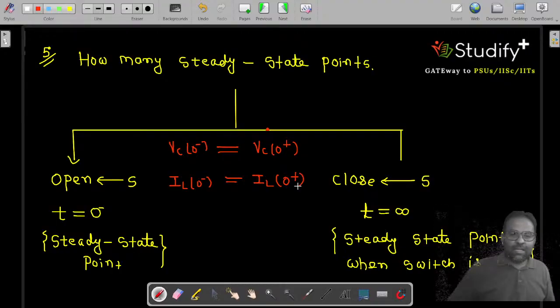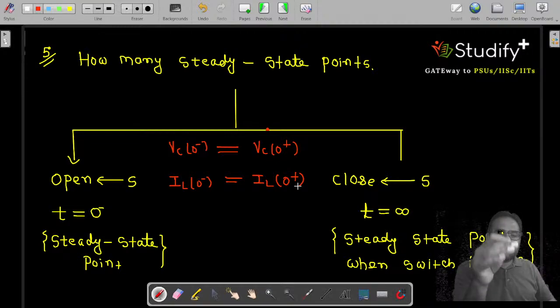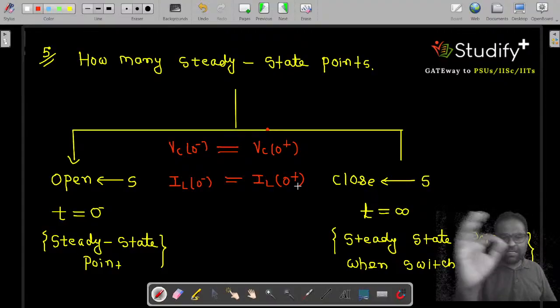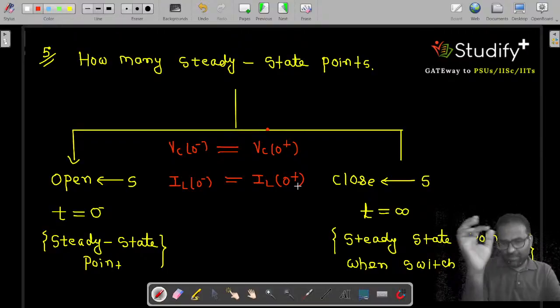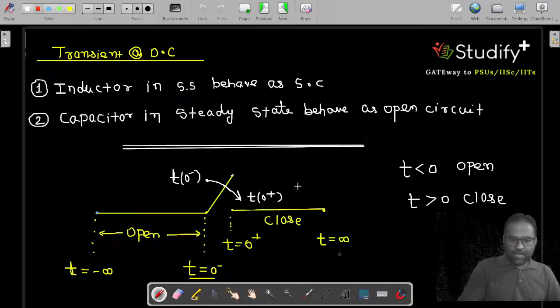We are strictly on the concept that you can copy the voltage of a capacitor and the current of an inductor from t0 minus to t0 plus, means just before switching to after switching, because we are taking zero time in changing the position of the switch. I hope this is clear.